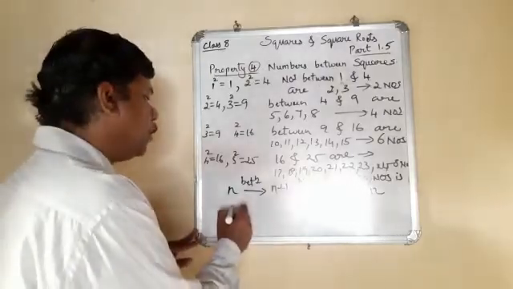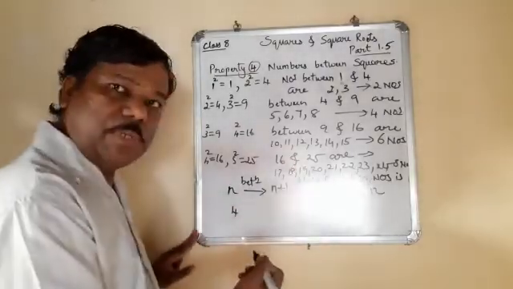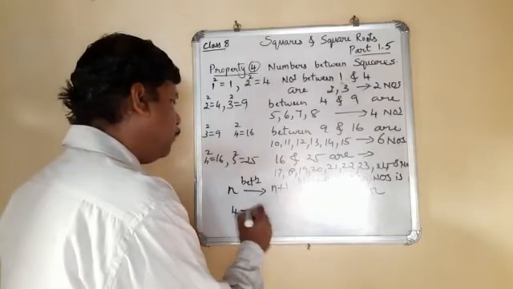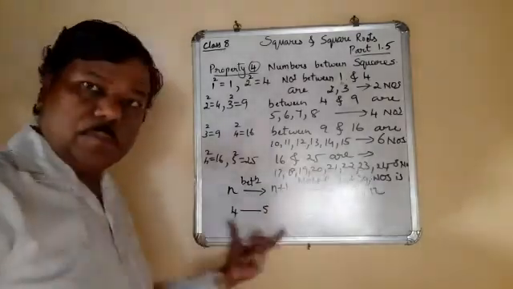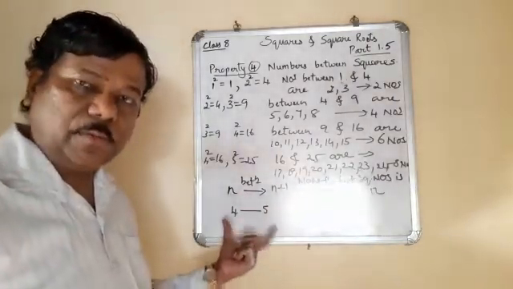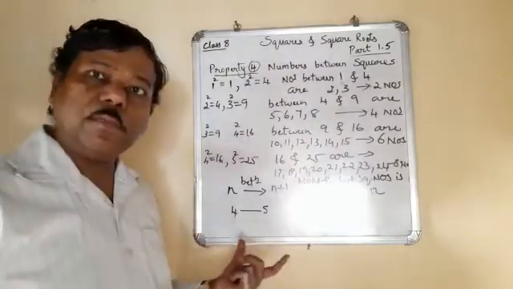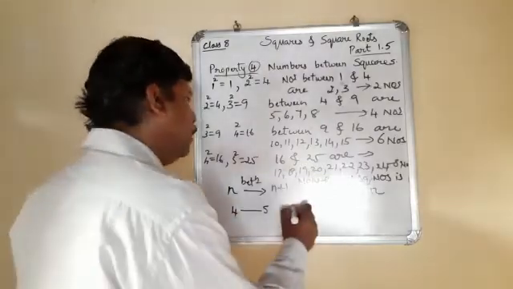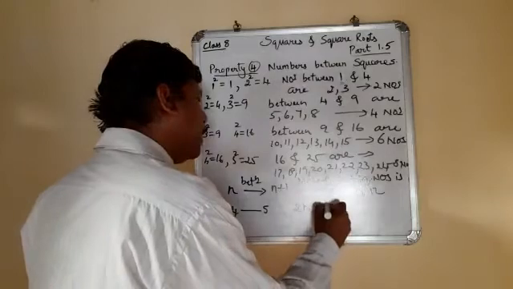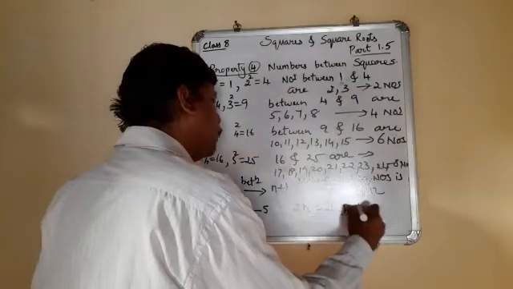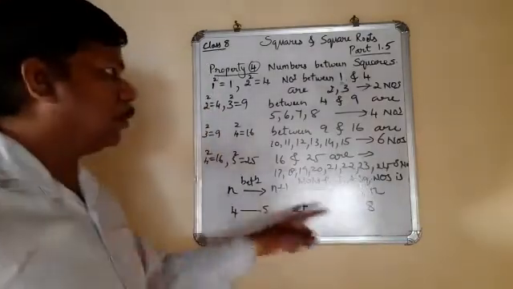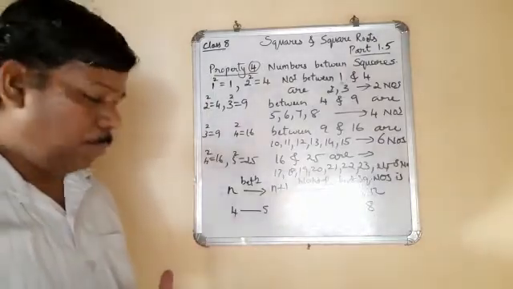So if n is equal to 4, then the next number is n plus 1. So in between 4 and 5, correct? 4 square and 5 square. How many numbers are present? Let us check. 2 times n, which is 2 times 4, which is equal to 8. So there will be 8 non-perfect numbers.